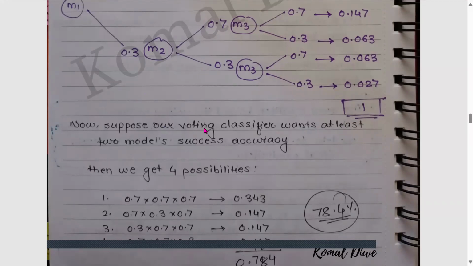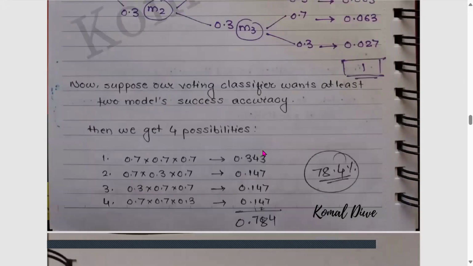Now suppose our voting classifier needs at least two models to succeed. You have to focus here.